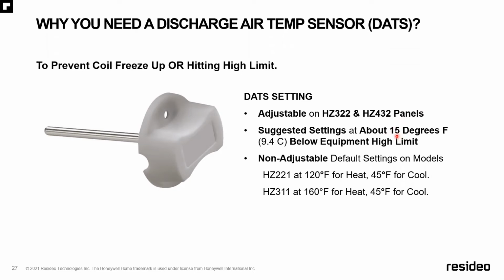I think many of the OEMs have a 160-degree limit in the blower compartments of their furnaces. So we would obviously be encouraging you to set the high limit at 145 degrees so that we can keep that furnace from going into a hard lockout when a small zone's calling and perhaps you're bypassing a lot of air.